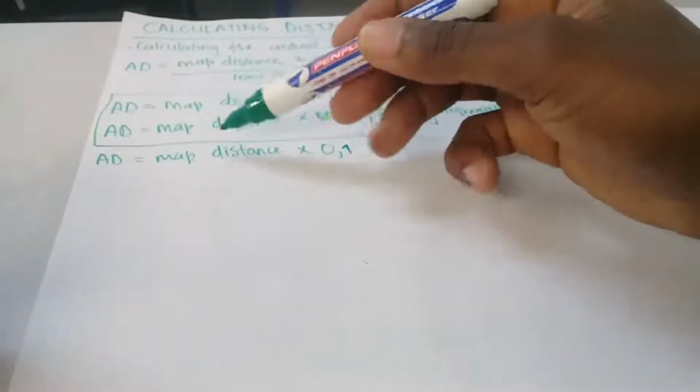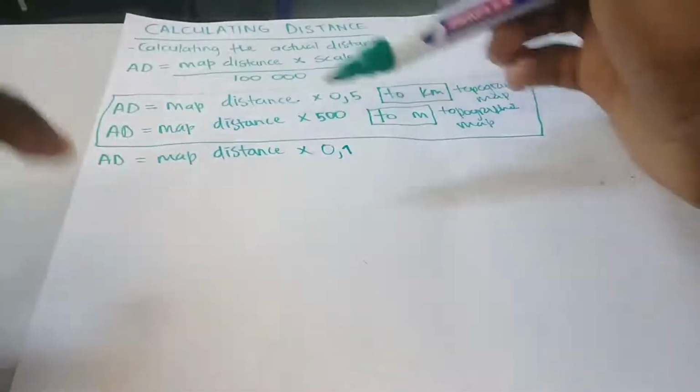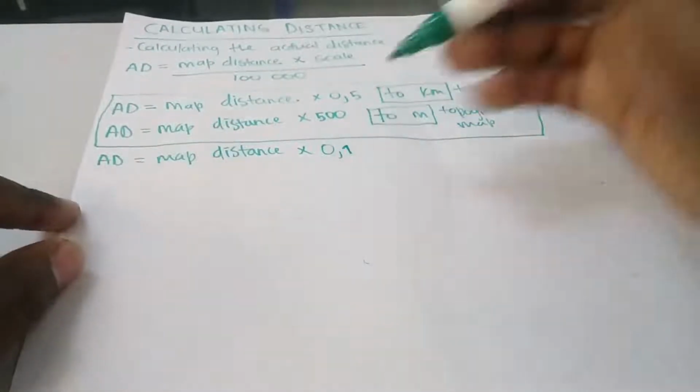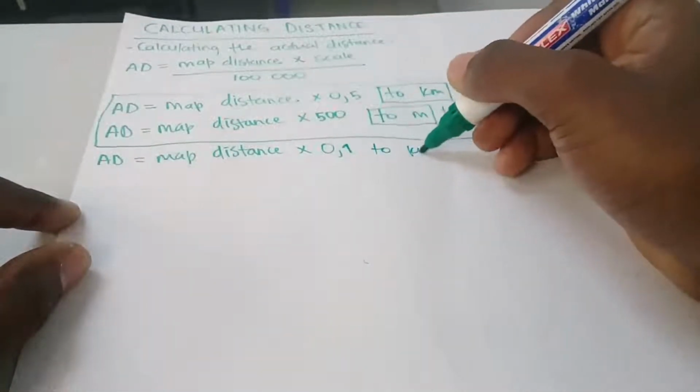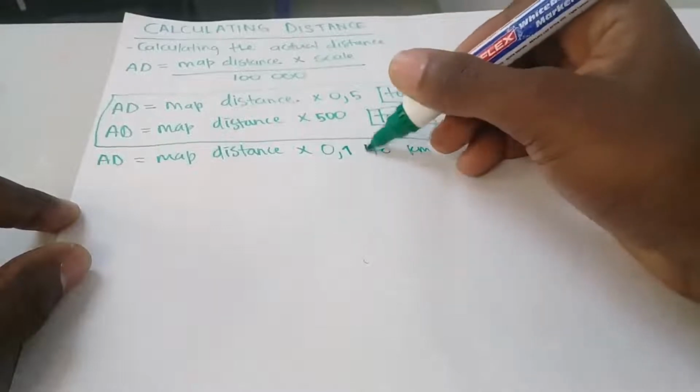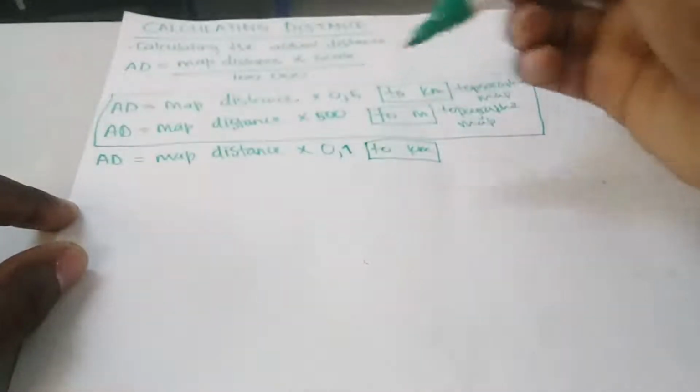So in order for you to get your actual distance in kilometers, you're going to multiply by 0.1. So this is 2 kilometers. You are going to multiply by this and get the answer in kilometers.